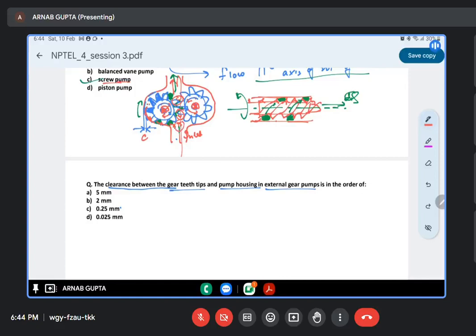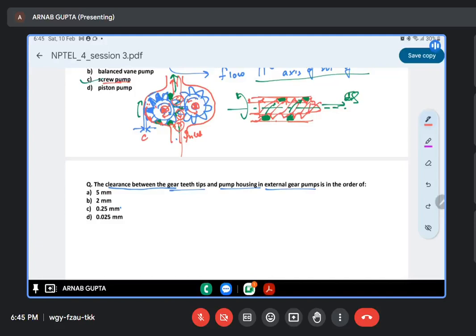That's why we need to avoid that leakage, avoid that backflow of liquid from the high pressure to the low pressure zone. We keep the clearance as small as possible, but at the same time, we need to give this clearance so that the gear rotation is not interfered with by the housing.